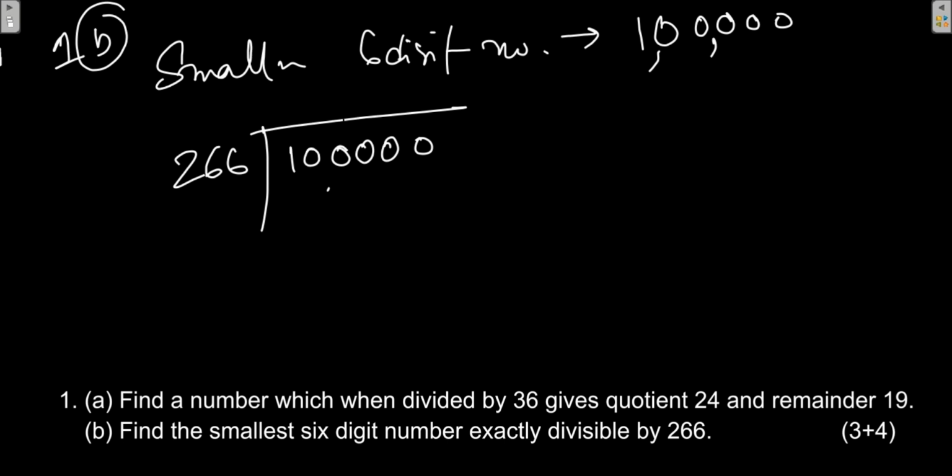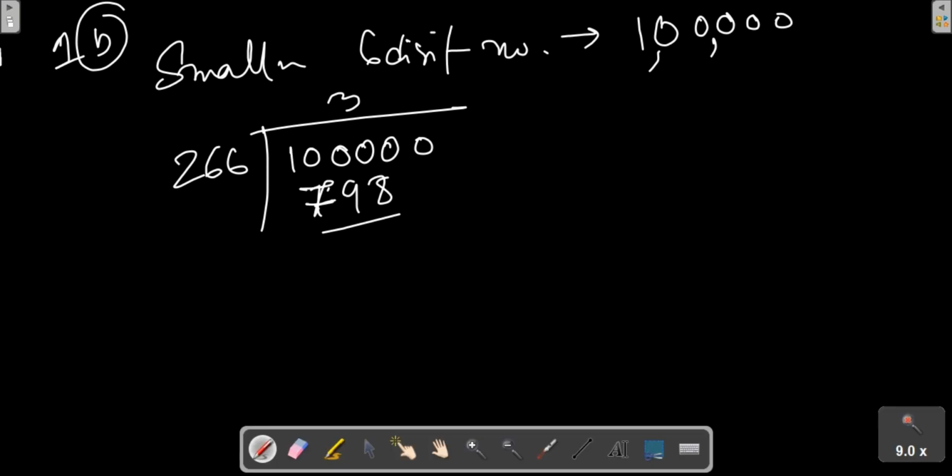So let's do this division. First of all we'll divide with 3. If you divide with 3, you will get 798 actually, 3 6 80. Then as a remainder you will get 202, and then you need to take a 0 down here, so it would be 2020.